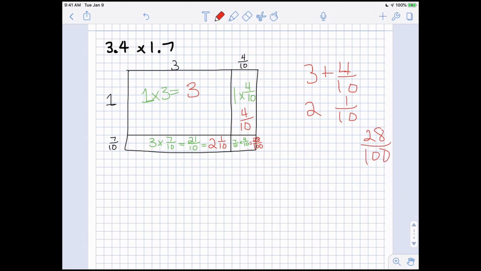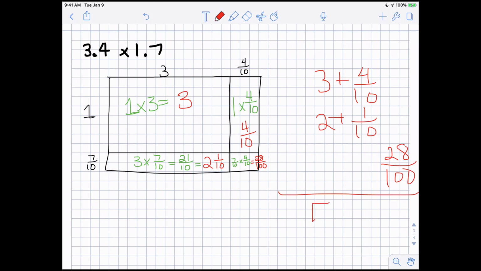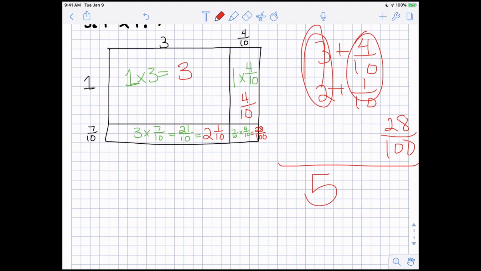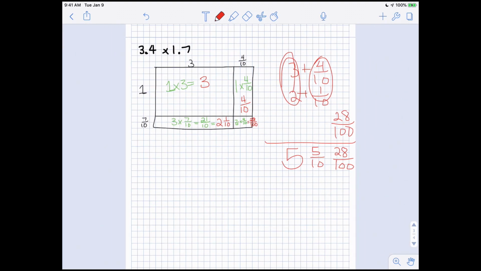My goodness. And if we are going to add this up, there we go. So we have 5 wholes. 2 plus 3 is 5. 4/10 plus 1/10 is 5/10. Plus we have an extra 28 hundredths. It doesn't have to be all perfect.